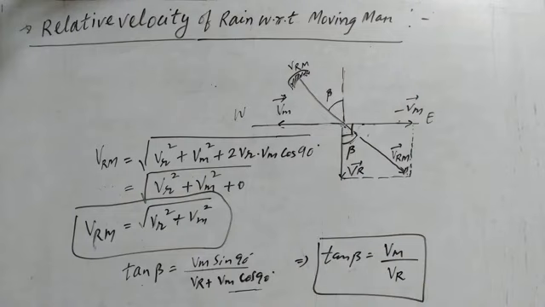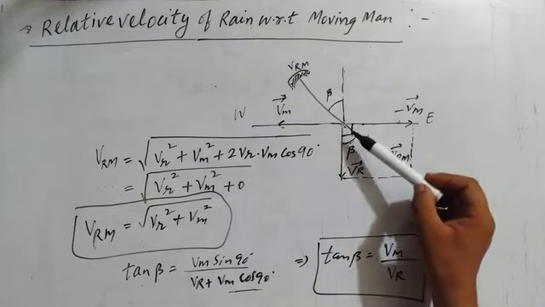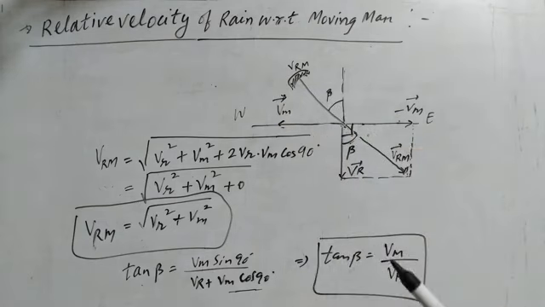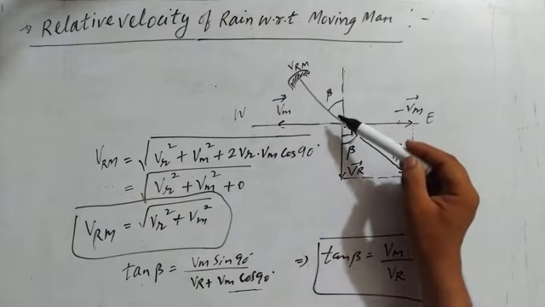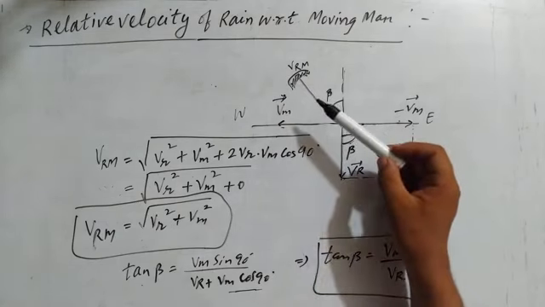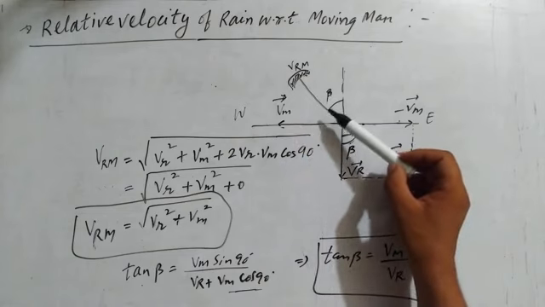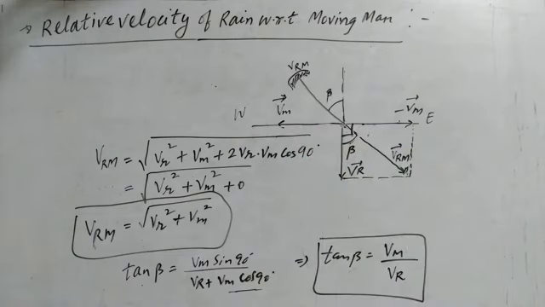By using this formula, we can easily calculate the direction, that is the angle made by the object to hold his umbrella with a vertical direction so that no rain falls on it.